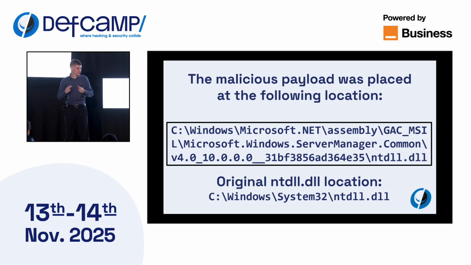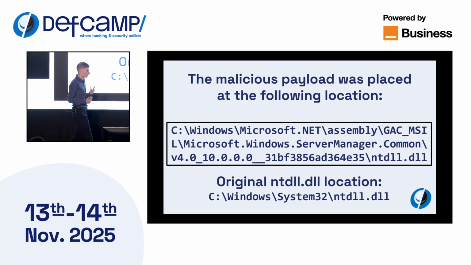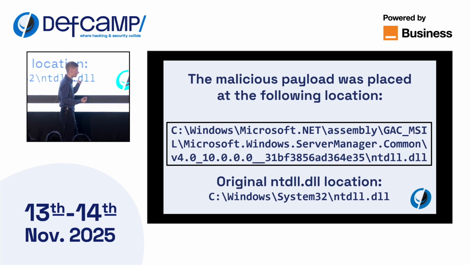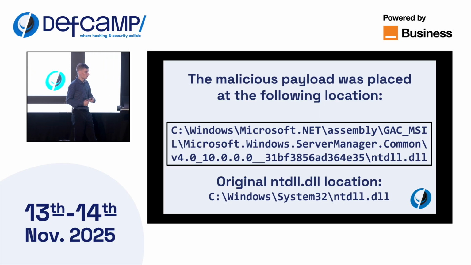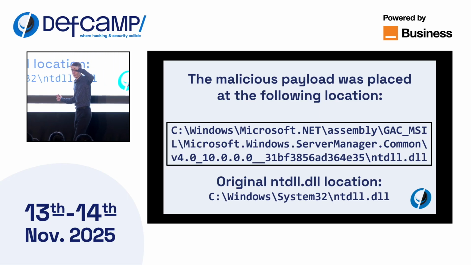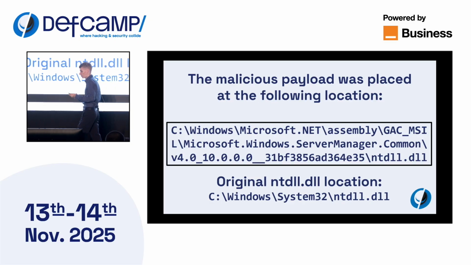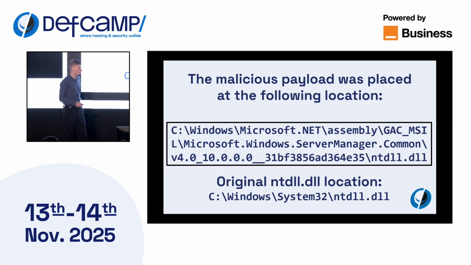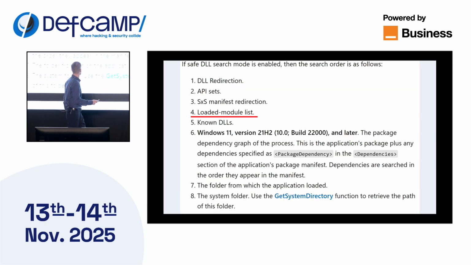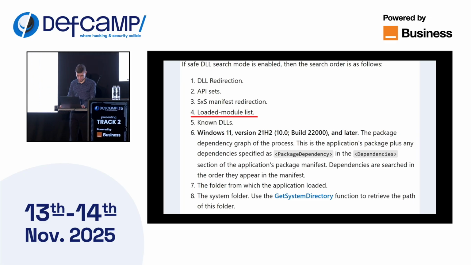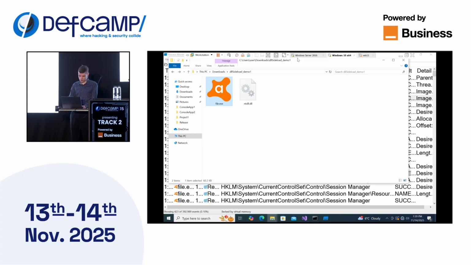Now, when we have these cases when a system DLL is located not at the place where it should be, it's a sign of sideloading, because we try to somehow load the library using an earlier point in the algorithm that I showed you. So why would they need to put the DLL over here? Let's discover this thing.